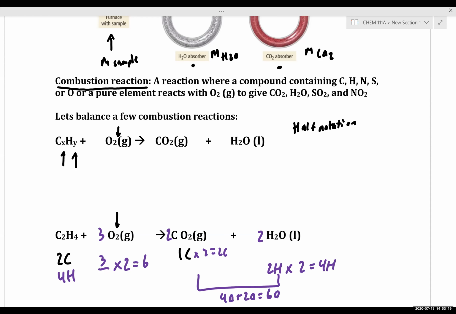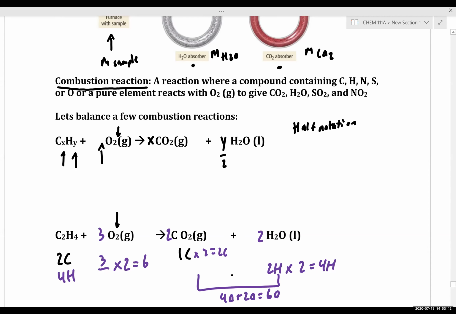So how can we balance this equation if we have just variables? Well, if there are X carbons on the left, we'd have X carbon dioxide molecules. If there are Y hydrogens on the left, we'd have Y over 2 water molecules.